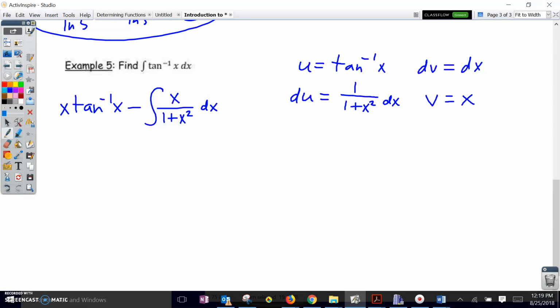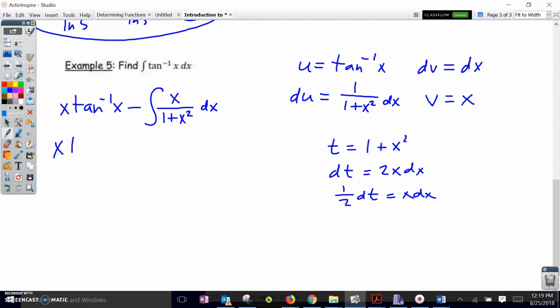And then this I can integrate using substitution. Now, since I already used u and v, I'm going to make a t substitution. Substitute the denominator. And then dt is going to be the 2x dx. So x dx is equal to 1/2 dt.